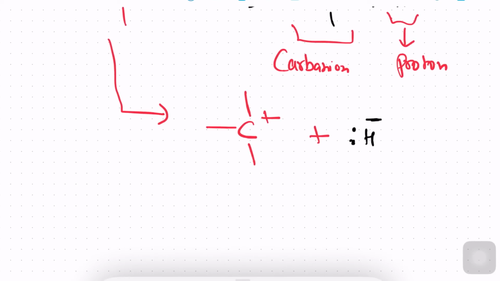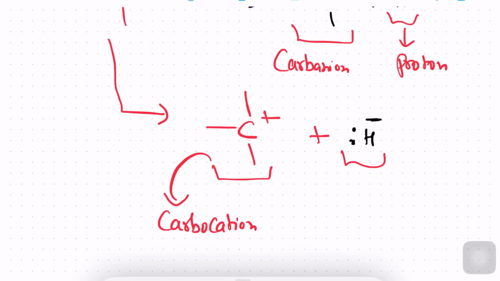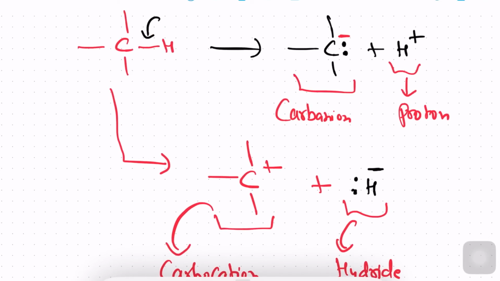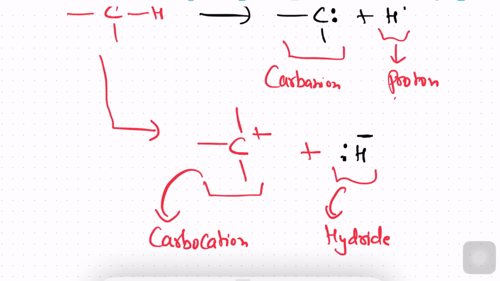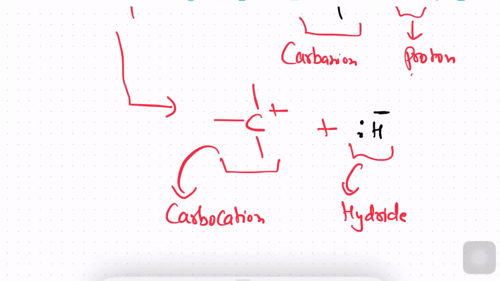Now try to see here, this will be known as carbocation, and this will be known as hydride. Hopefully you are going to remember what is carbanion, what is carbocation, what is proton, and what is hydride.